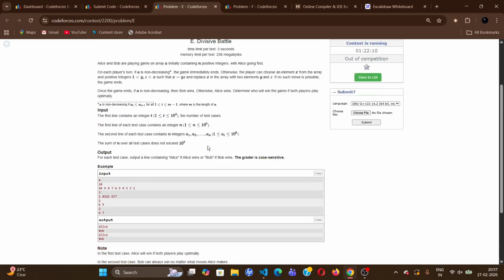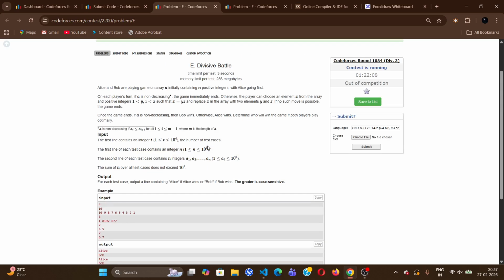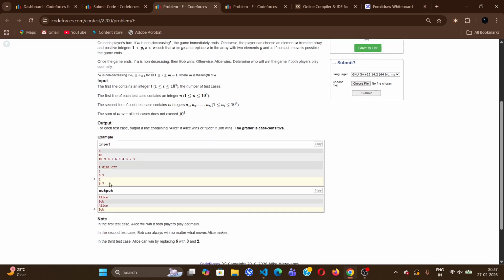Okay, in the case 6 and 7, it is non-decreasing, so the game immediately ends and Bob wins. If it is decreasing, then he can make 6, 2 and 3. 2, 3, 5.